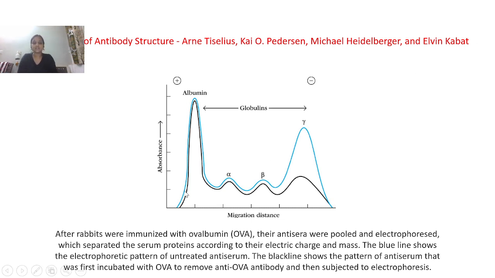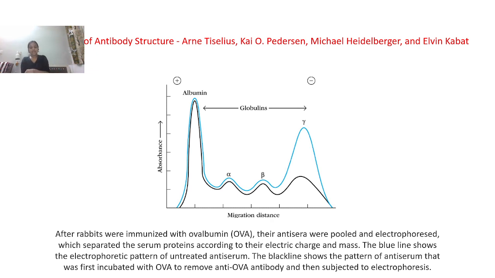Then another part of serum which they collected from the rabbits immunized with ovalbumin, they mixed with ovalbumin again. When an antigen is reacting with an antibody, that fraction will become heavy and precipitate. There will be precipitation of the antigen-antibody complex if you are mixing the antigen and the antibody together.